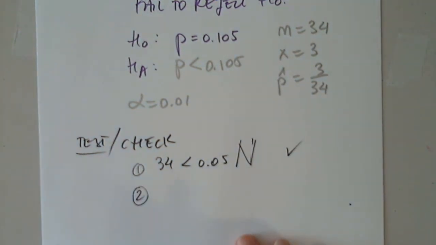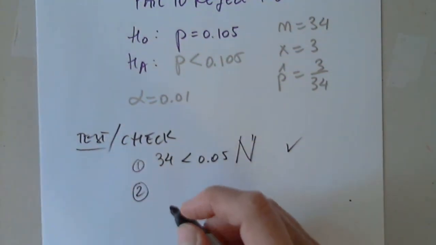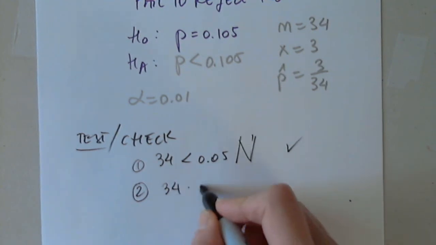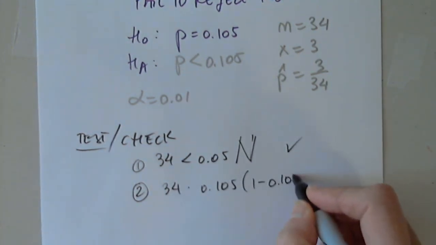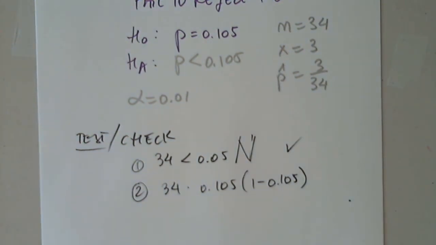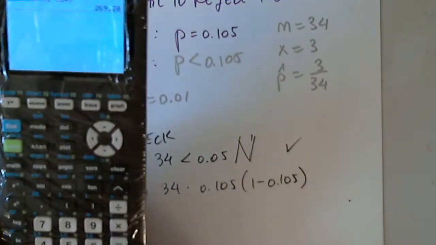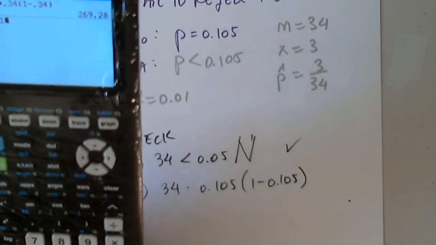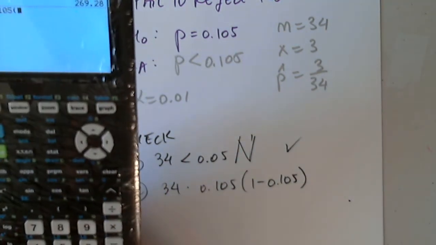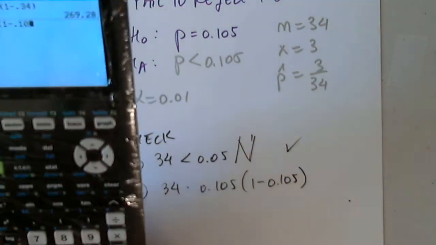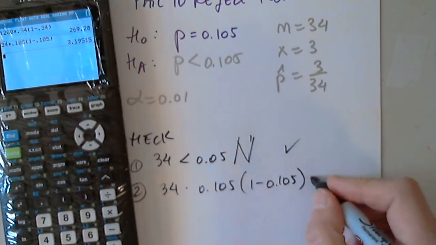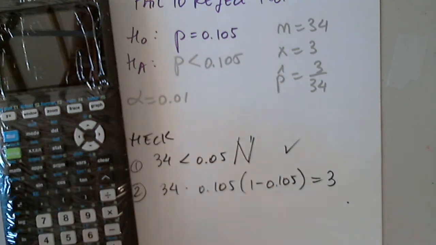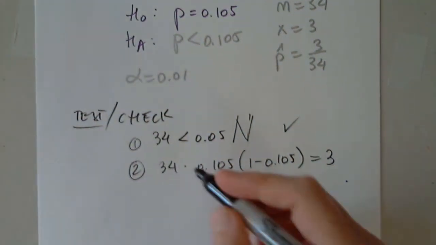Let's look at the second one, where we have n, which is 34, multiplied by 0.105, multiplied by 1 minus 0.105. 34 times 0.105, and in parentheses, 1 minus 0.105. Oops. So this condition is not fulfilled.